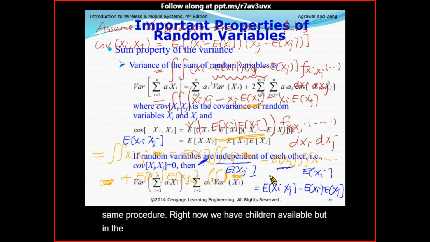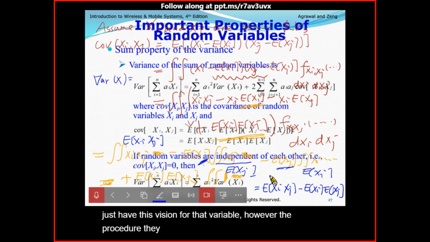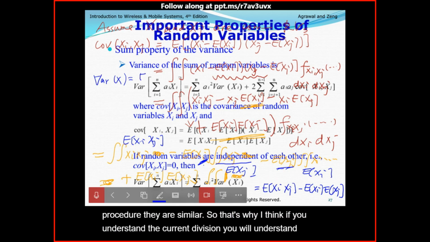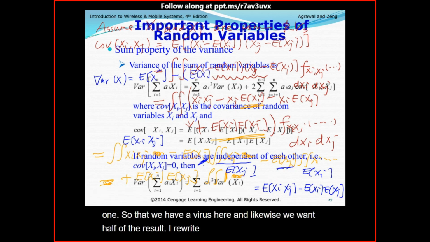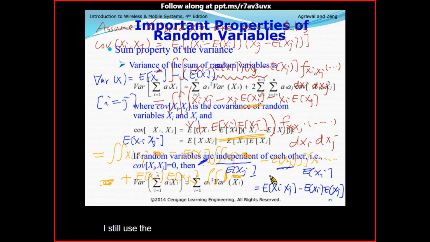Variance of x is actually x squared minus the square of the expected value. Right now, assume you can set I equal to j. Right? You can think about I equal to j, and with I equal to j, the definition here should be variance. And so if we have I equal to j, it will be the square of the expected value.